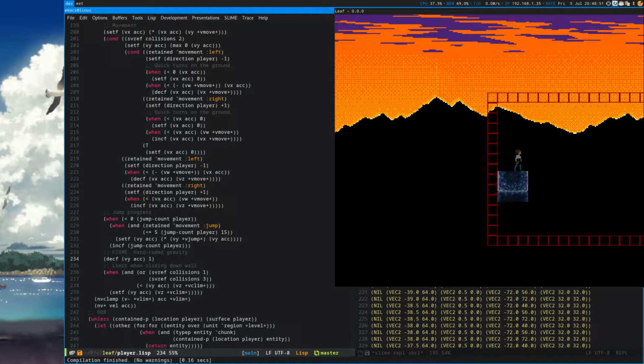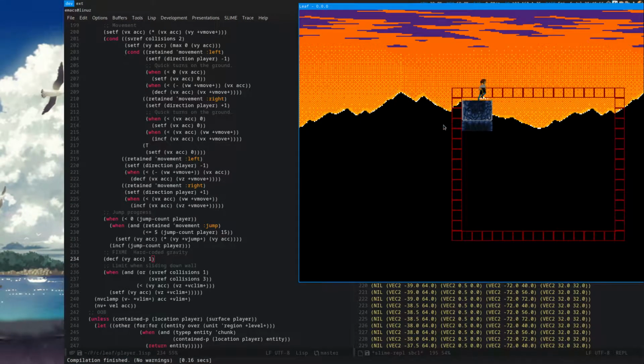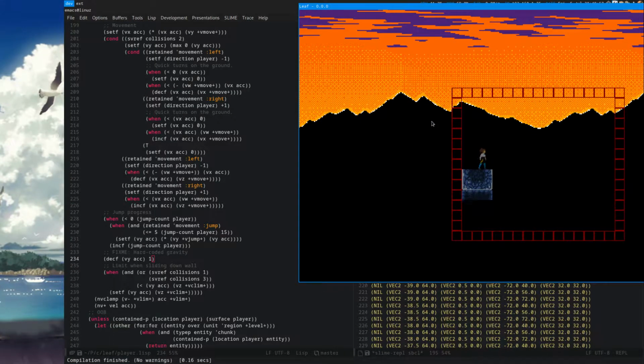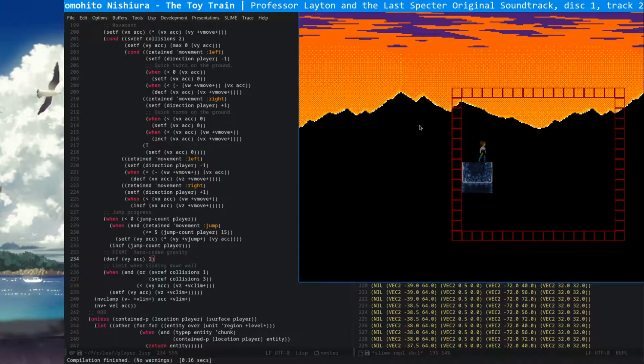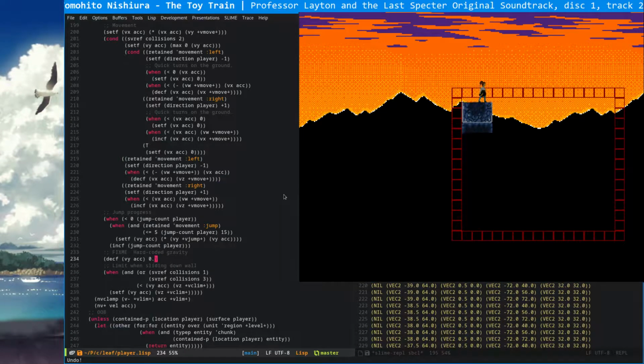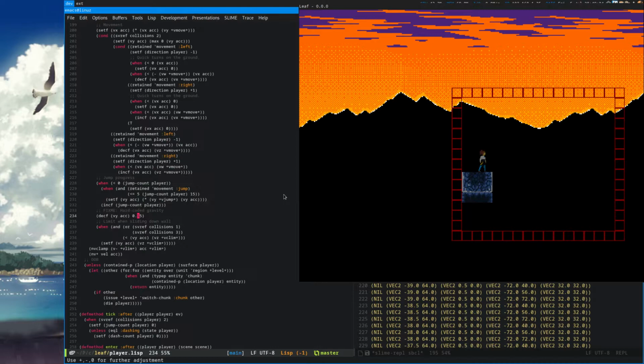Yeah, stronger gravity works, of course. Until the platform moves too fast.